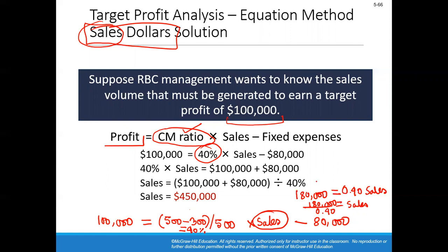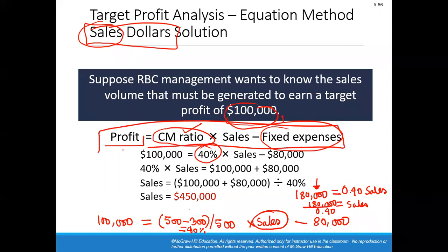And you see that 180,000 comprises which amount? It comprises two amounts. One is the target profit 100,000, and the other is the fixed expenses of 80,000. So this is the approach we have solved using the equation method or the formula approach. This approach, what we just have done, looks like an equation or formula.